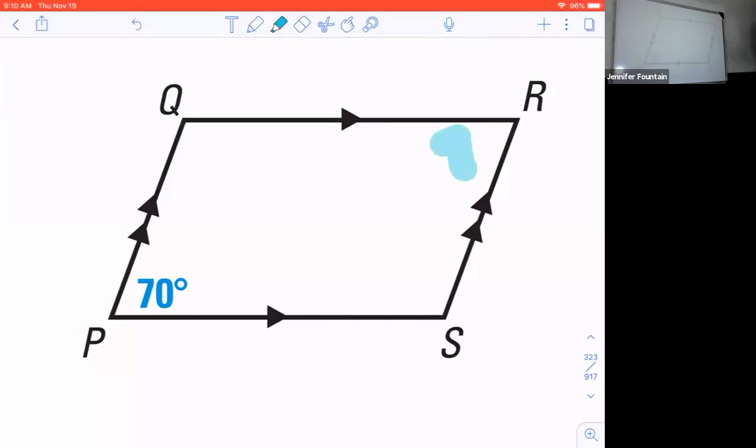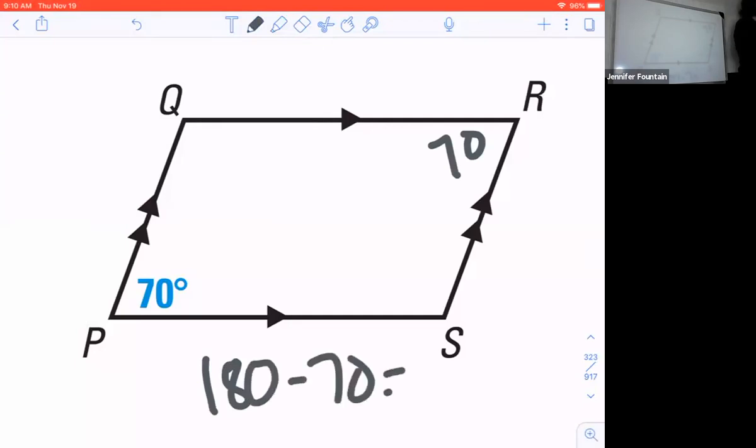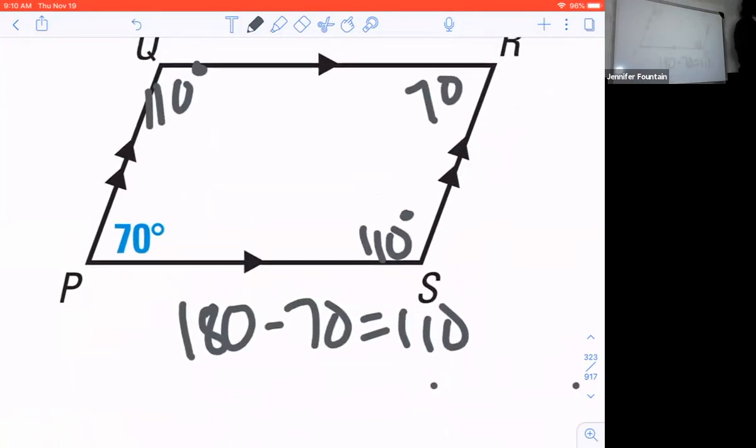It is also 70, okay? How can I find the measures of either Q or S? Consecutive angles. Consecutive angles are equal to what? 180. So 180 minus 70 is equal to 110. So I know that Q is 110 and S is 110.